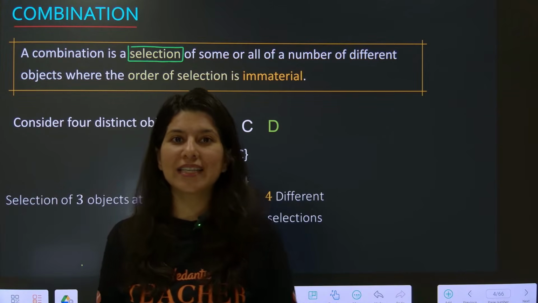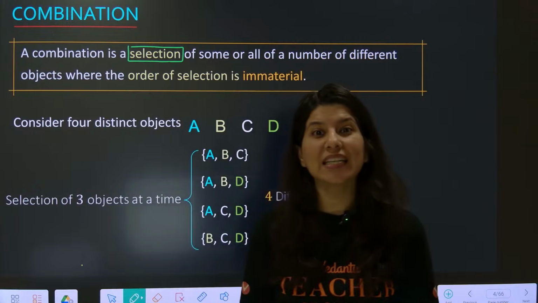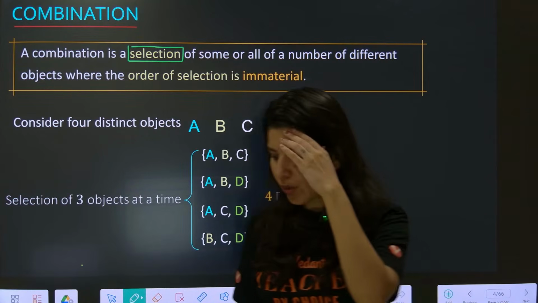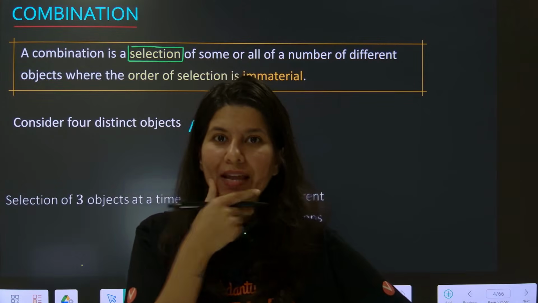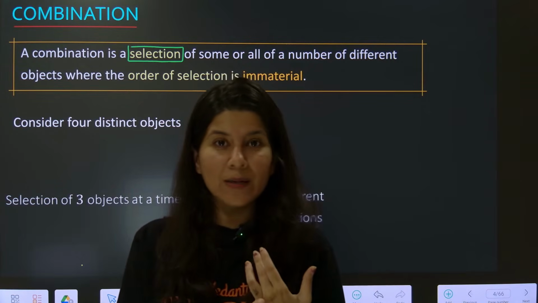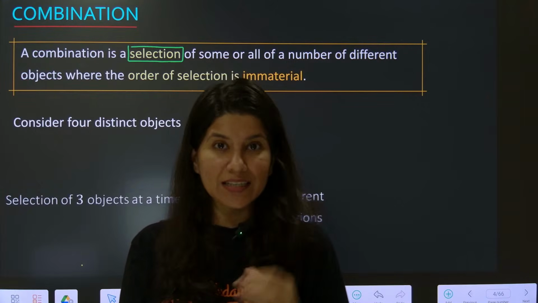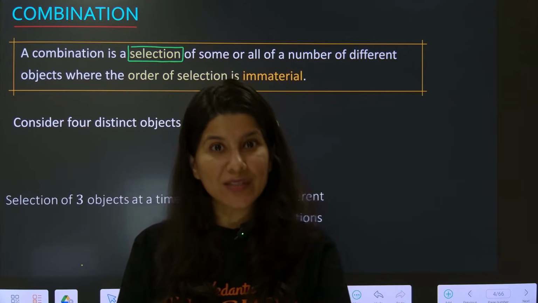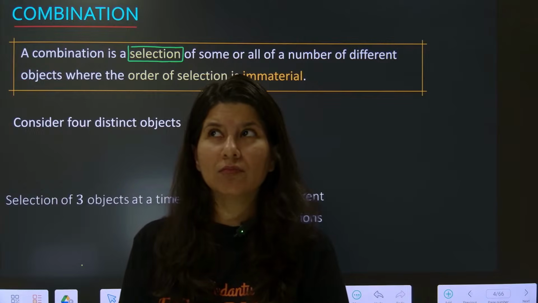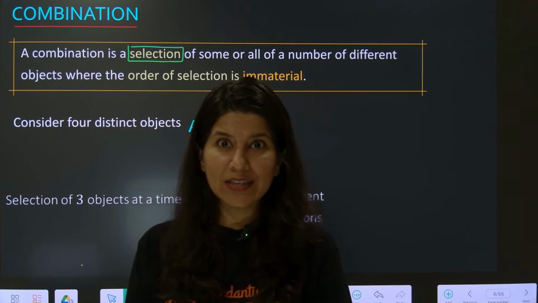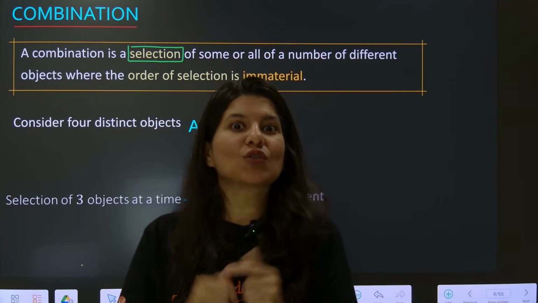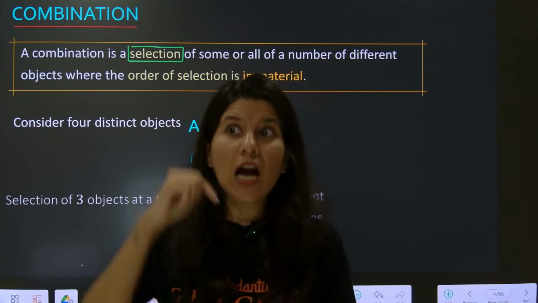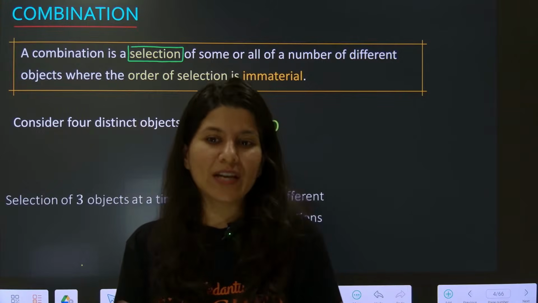But your mom says, bring only 3 chocolates. Then you think, what combination should I bring? You can bring Bournville, Dairy Milk, and Kit Kat. Another person can say Kit Kat, Bournville, Temptations. These are the combinations you are making, combinations of 3 out of 9.